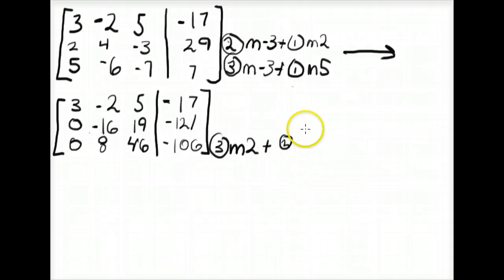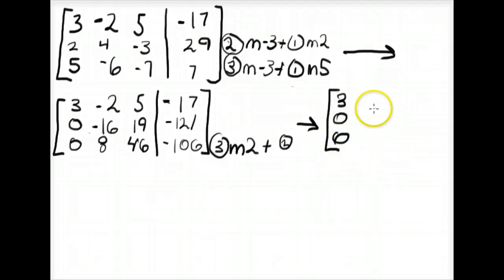And so that is going to yield the augmented matrix 3, 0, 0, then -2, -16, and now this 8 has been eliminated because we've basically added -8 to it.